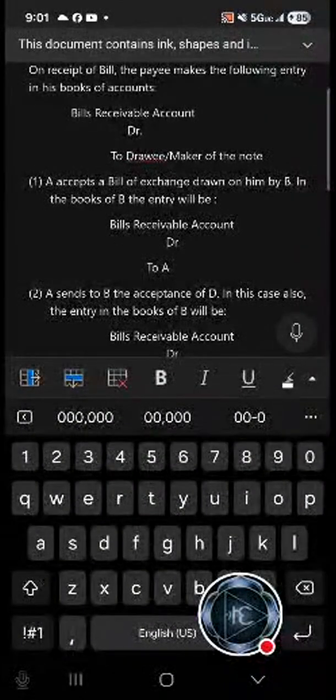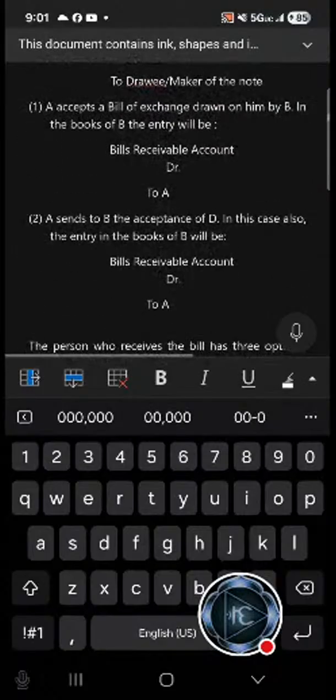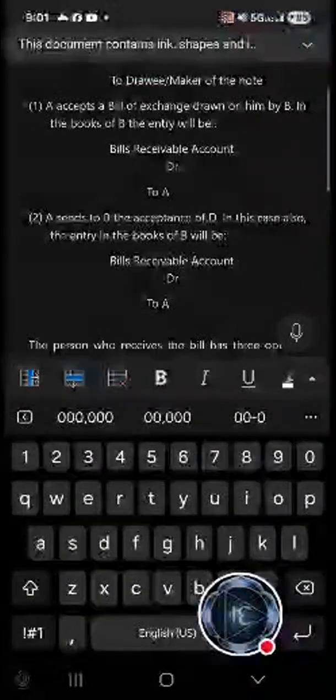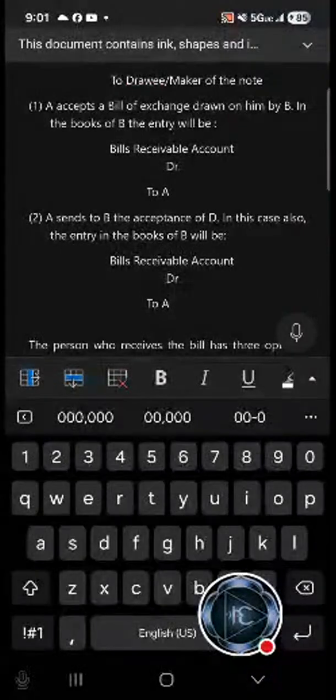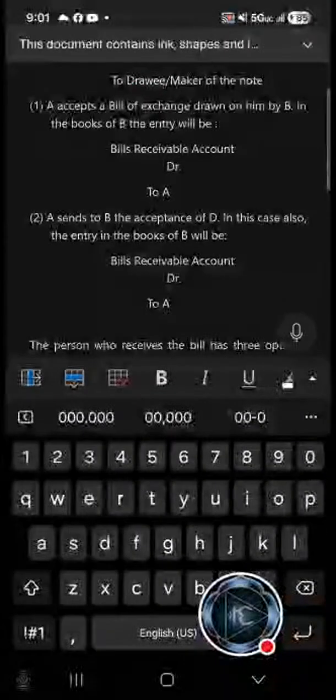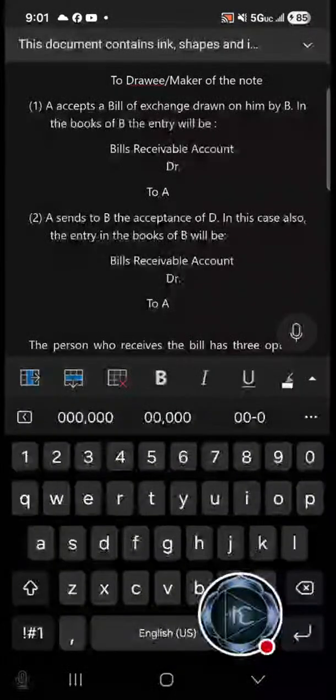A accepts a bill of exchange drawn on him by B. In the books of B, the entry will be bills receivable account, debit, to A. A sends to B the acceptance deed. In this case also, the entry in the books of B will be bills receivable account to A.